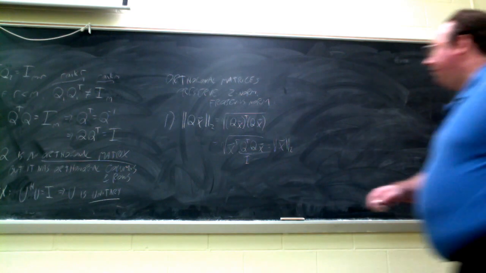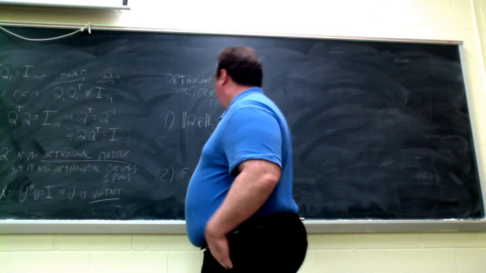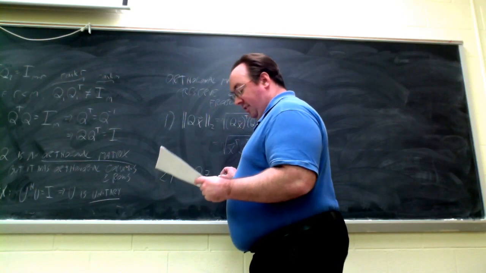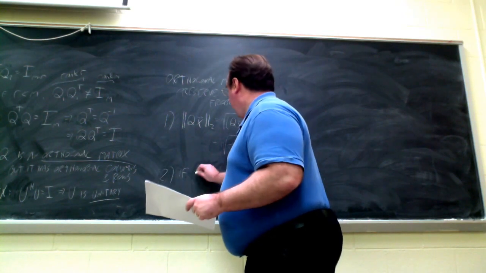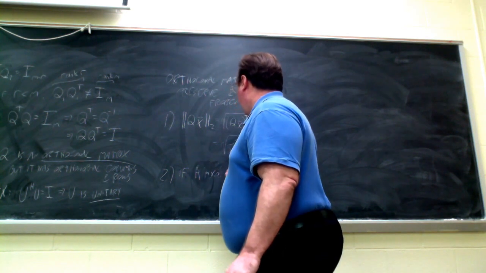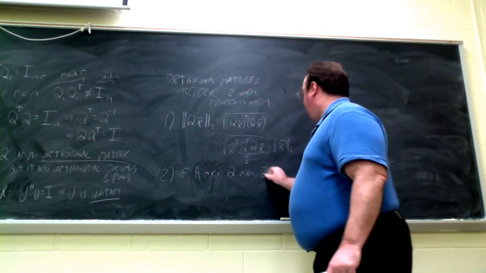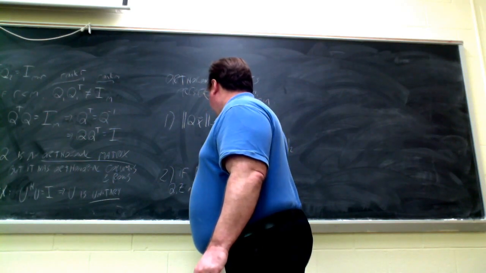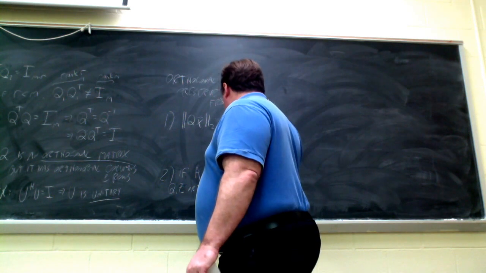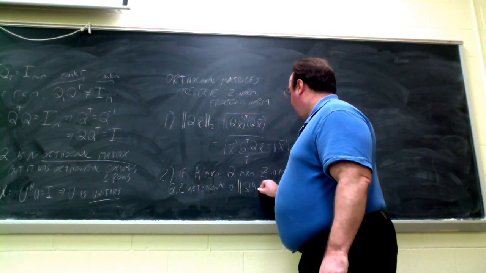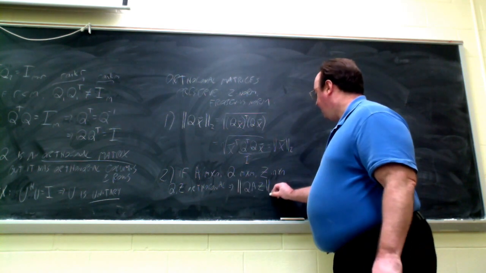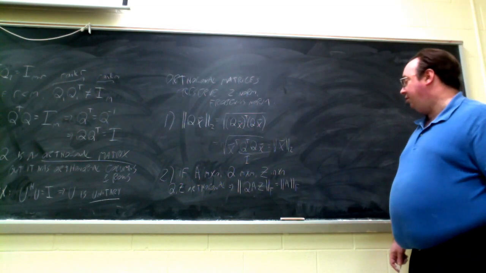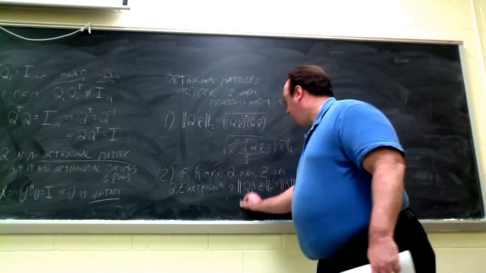Okay. And we also have these nice properties that if A is m by n, Q is m by m, and Z is n by n, and Q and Z are both orthogonal matrices of the appropriate size, then multiplying on the left by Q and on the right by Z does not change the Frobenius norm of a matrix, and the same is true of the 2 norm.